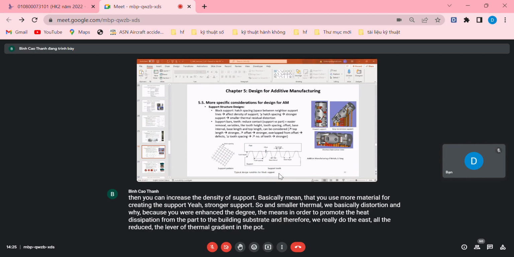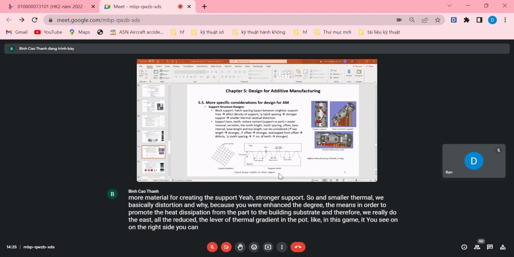Like in this case, you can see on the right side. If you align the part vertically, you use the least support.